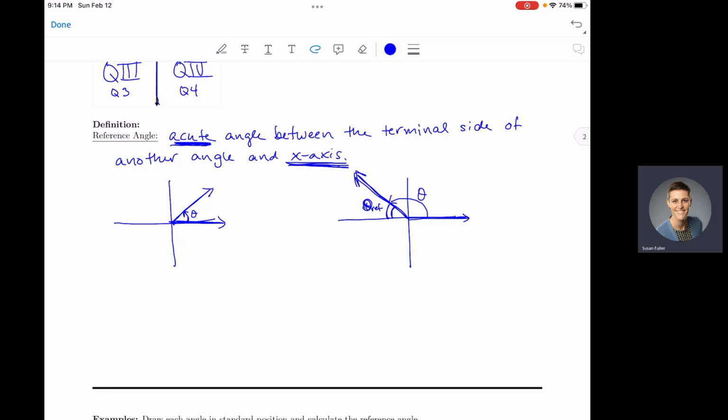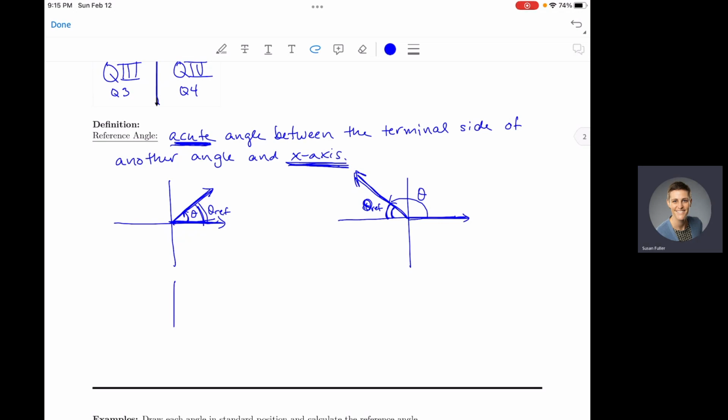Well, it's going to be the smallest angle between my terminal side and the x-axis. That means this angle is also my reference angle. In the first quadrant, my original angle and my reference angle are the same. That's the only quadrant where that will happen. Like we talked about in quadrant 2, the reference angle is in a separate position.